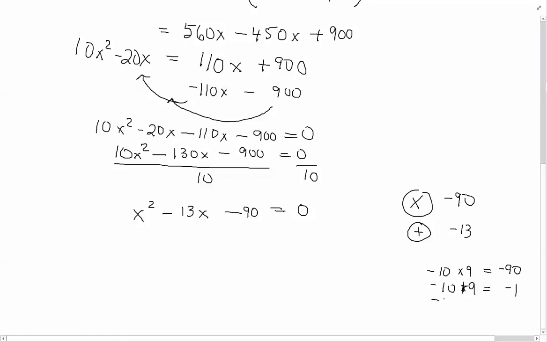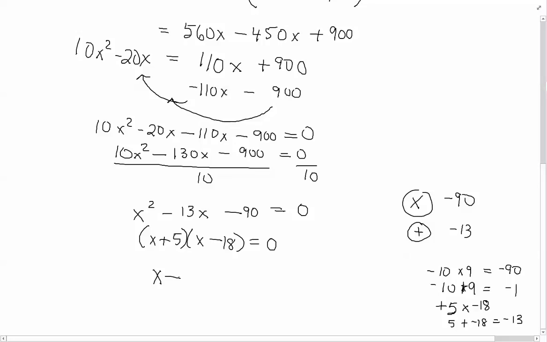So I'm going to take positive 5 times negative 18. All I did was move a factor of 2 across. When we add 5 plus negative 18, I get negative 13. And so this becomes x plus 5 times x minus 18 equals 0.